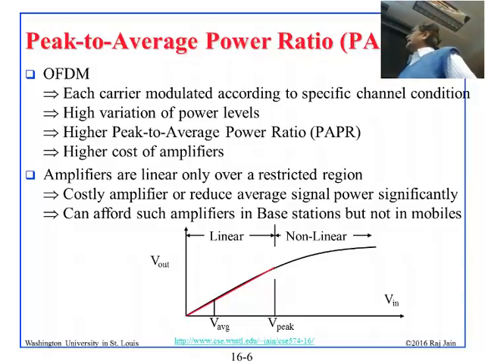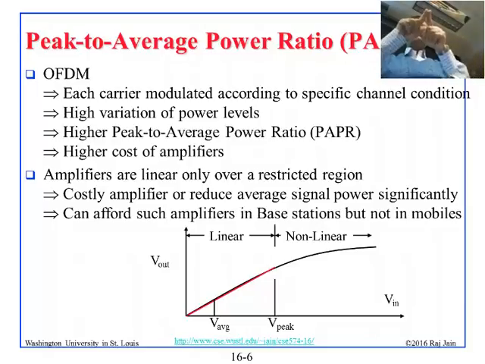But they're slightly non-linear, so you use just a small part of it, where it looks linear. If you use the whole thing, it will be non-linear. A linear amplifier costs a lot: for a very small part it's cheap, for a longer part it's more expensive, and for a much longer part it is even more expensive. Now in OFDM, each carrier is modulated according to a specific channel condition.